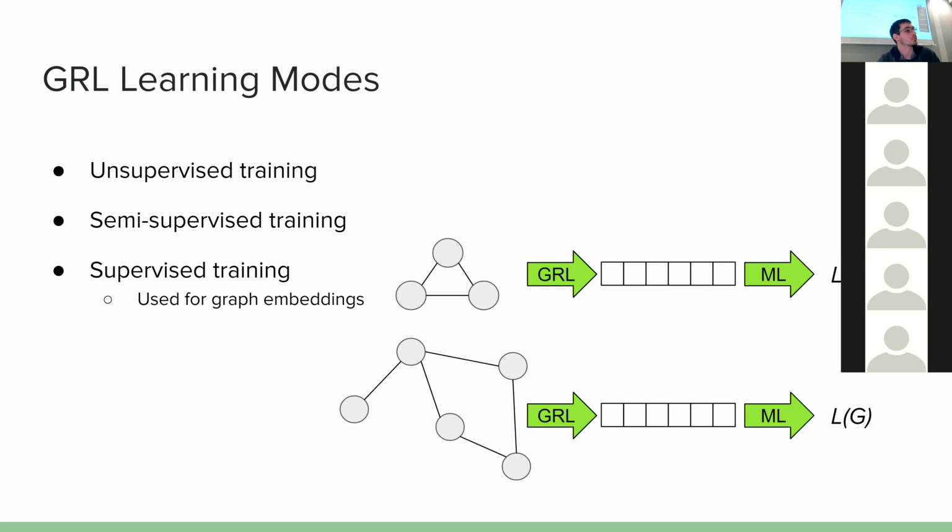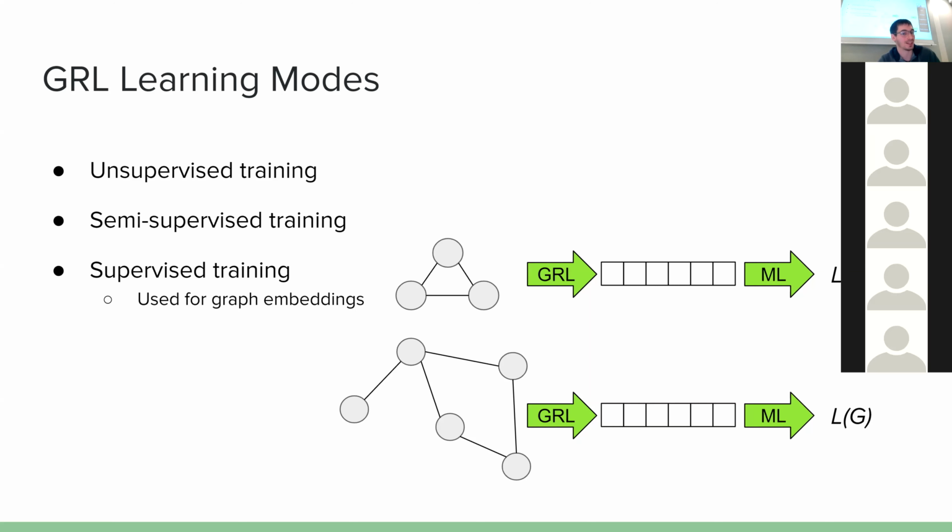Yes, one motivation could be that you have a large graph, as you said, and you don't want to have to run multiple trainings for different specific downstream tasks.